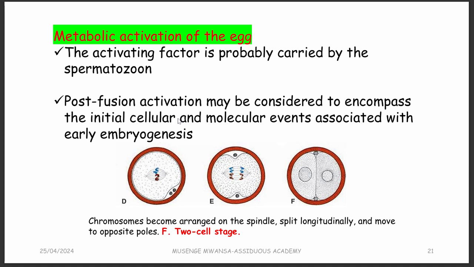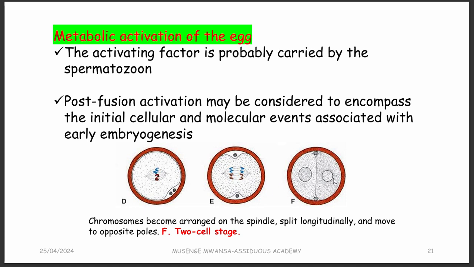So after fusion, activation may be considered to encompass the initial cellular and molecular events associated with early embryogenesis. Immediately the female pronucleus and the male pronucleus merge, then the child has started forming. You can see the female and the male pronucleus start to merge, and then meiosis 2 is going to finish, and then the first division is going to happen. You can see a division is happening.